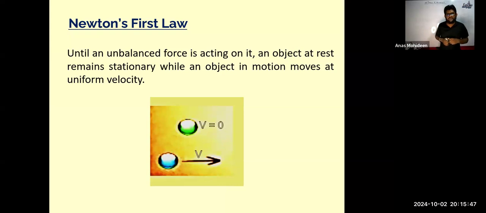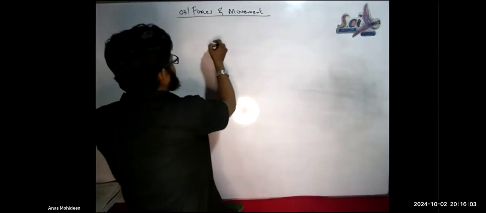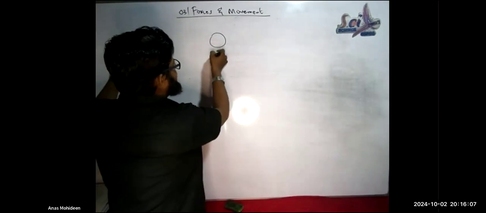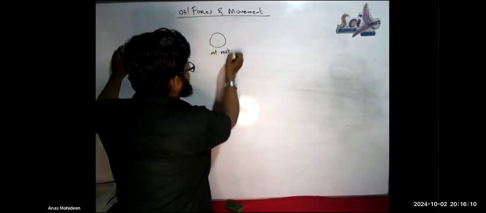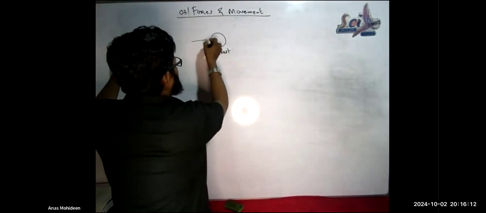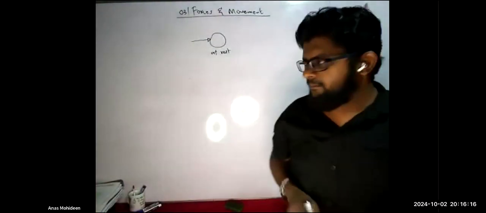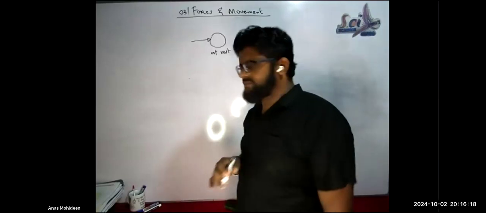The force laws are given, the motion laws are given. So the first law says that until an unbalanced force is acting on it, an object at rest remains stationary. Let's say this is the object, and it is at rest. You are giving a force, but there is no unbalanced force.